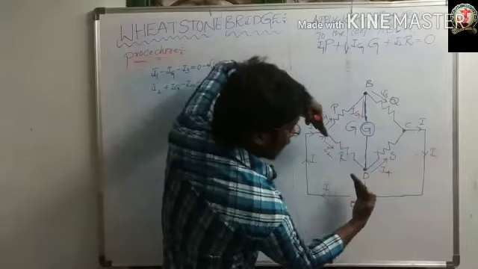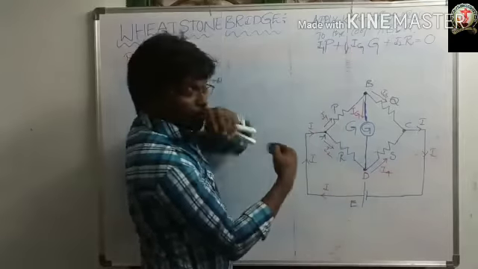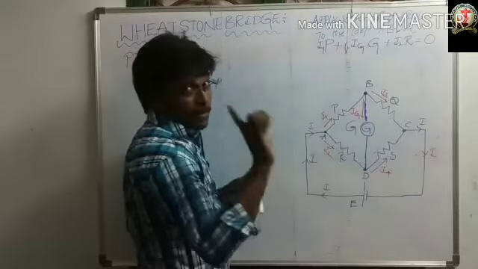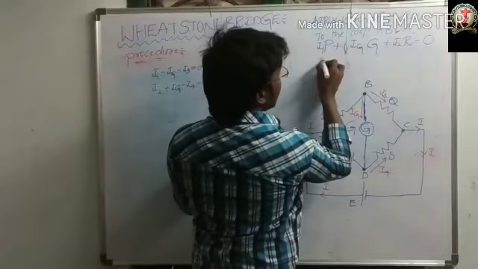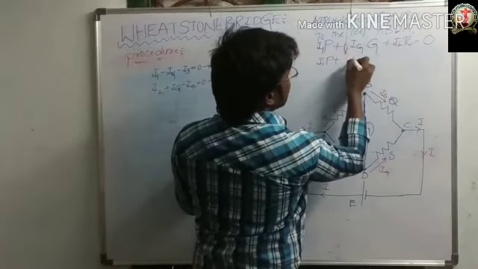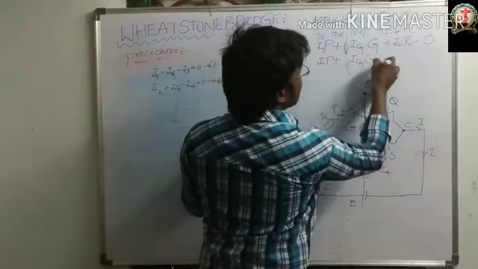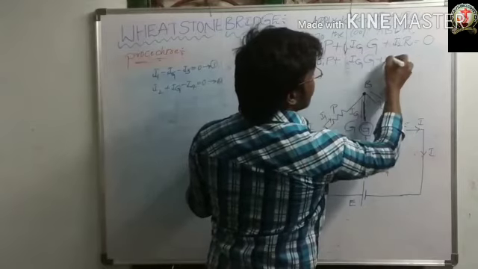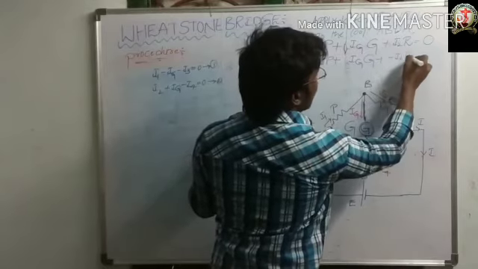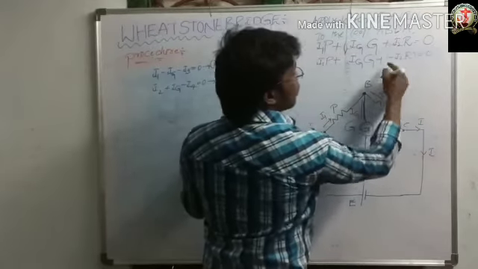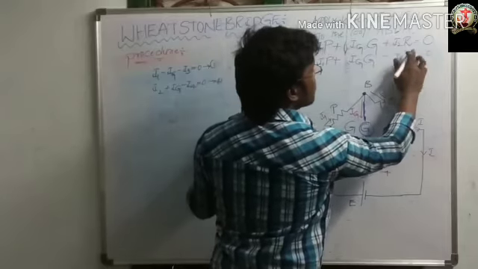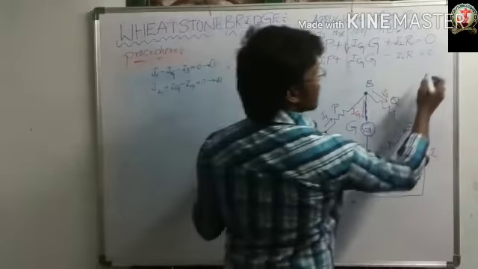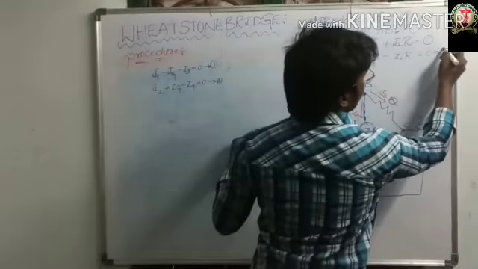So the product of current into resistance is minus. So here: I1 P plus Ig G plus, minus I2 R is equal to 0. Give this equation number 3.